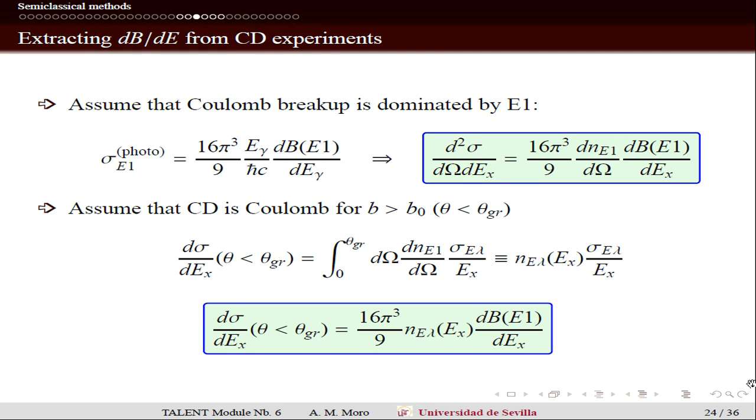This can also be done analytically, so this is given by this number. So we have a cross-section that is proportional to the B1 distribution. So by measuring this Coulomb dissociation cross-section, we can get information on the B1 distribution of the continuum.